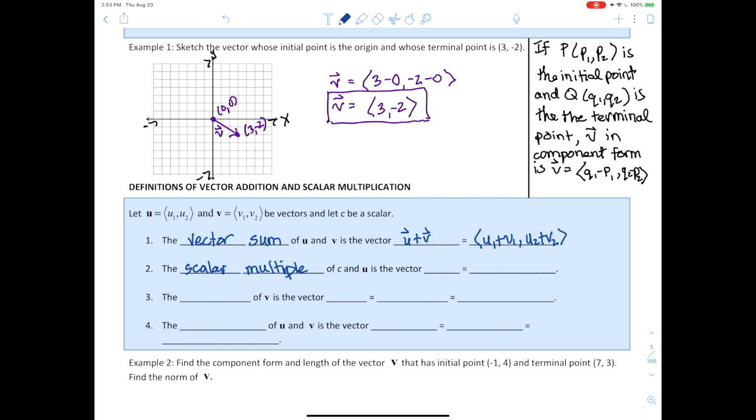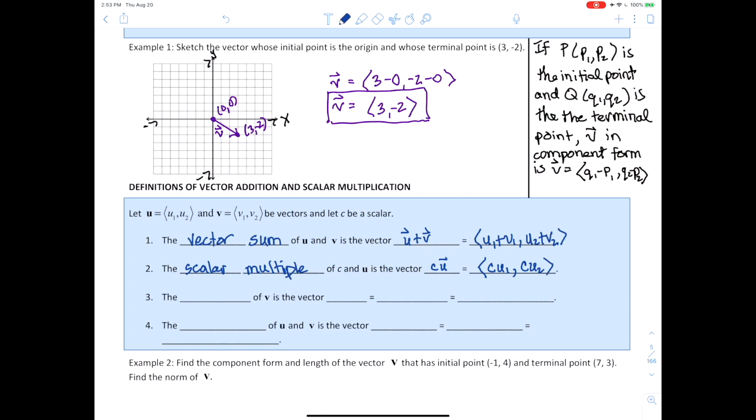The scalar multiple of c and u is the vector c times u. Don't forget to put your little arrow over the vector u. And then that c scales both of these. So c times u is going to be (c times u1, c times u2).